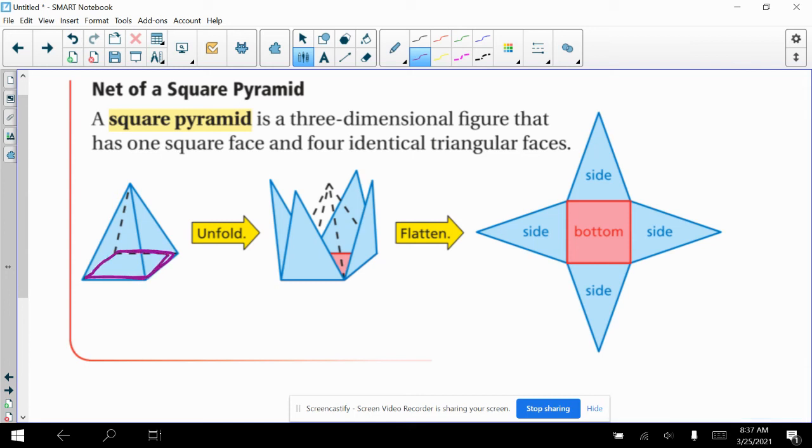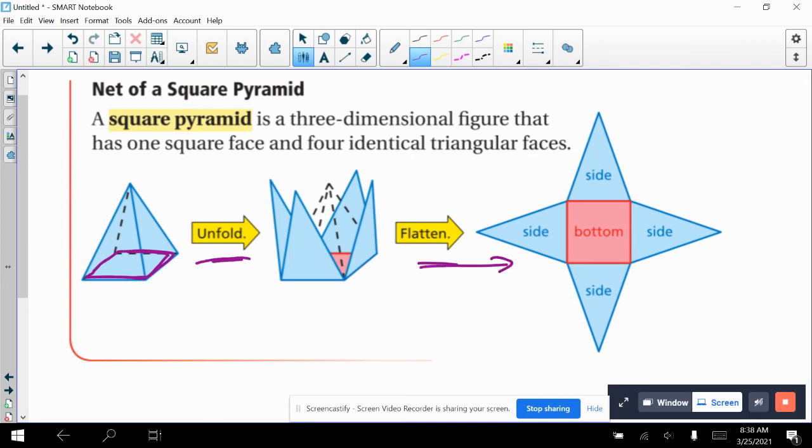Are all pyramids square? No, they are not. But Chase is correct. You got to look at the base. It tells you what it is. Okay, so again, here we go. They're unfolding it. And then finally over here, we get the net of what a square pyramid looks like.